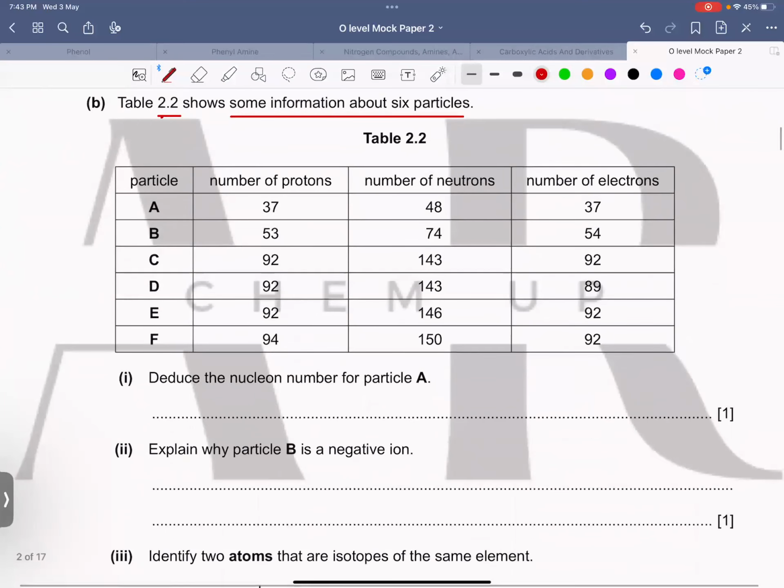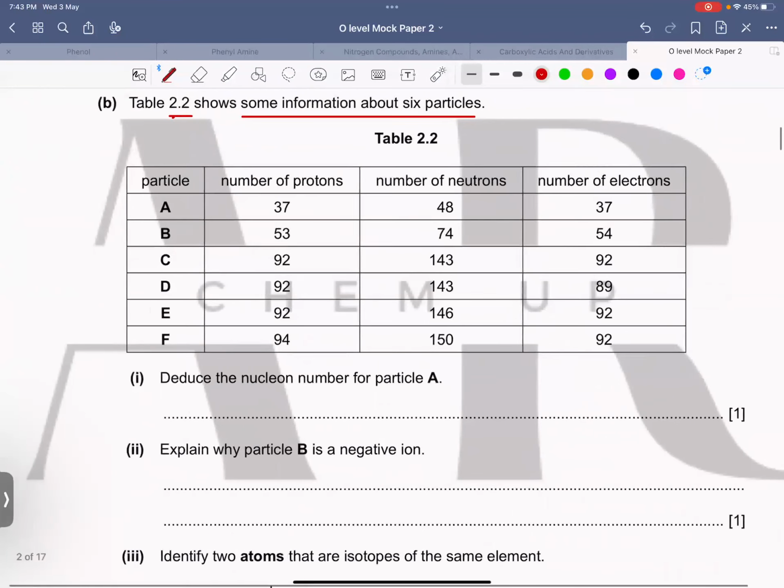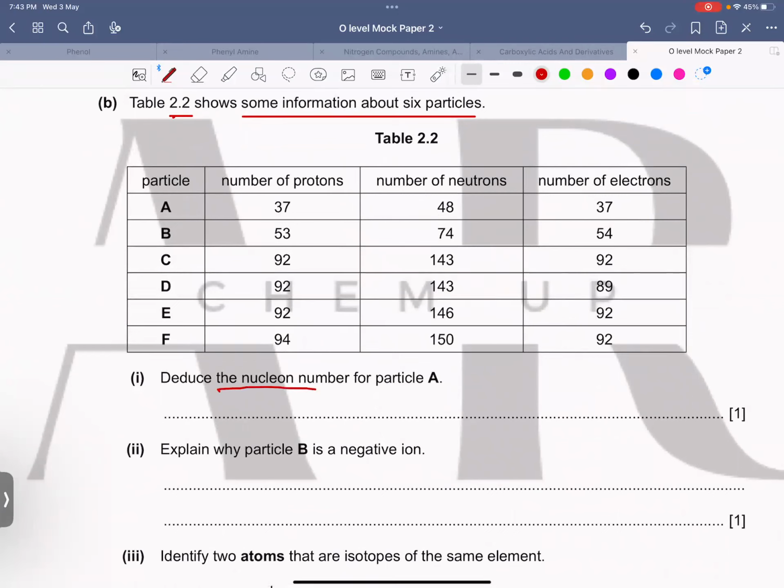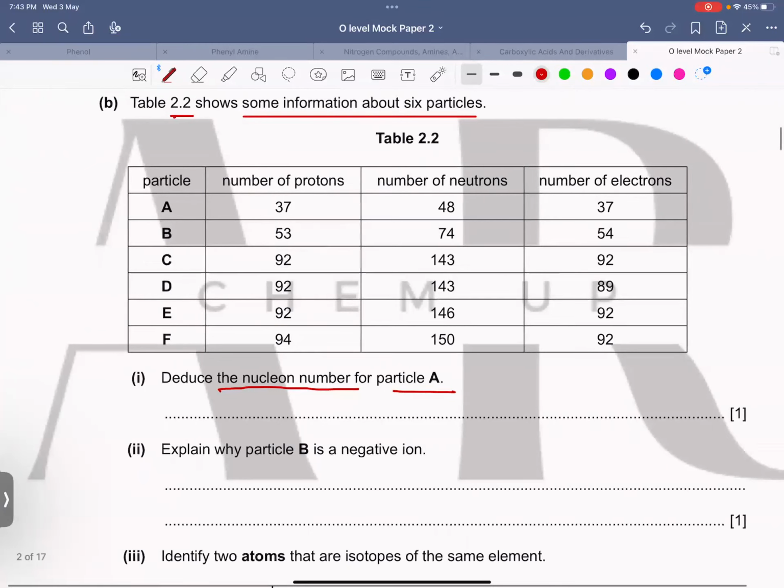Now here, 57 minus 48, 11. Deduce the neutron number of particle A. 85. So the nucleon number is the sum of protons and neutrons, and the protons are 37 and the neutrons are 48. When you add them, it gives you 85.